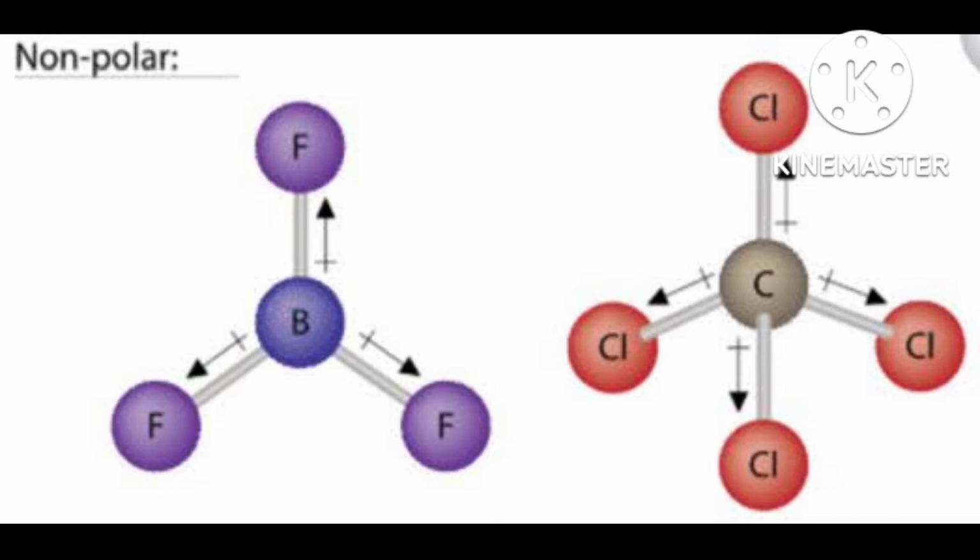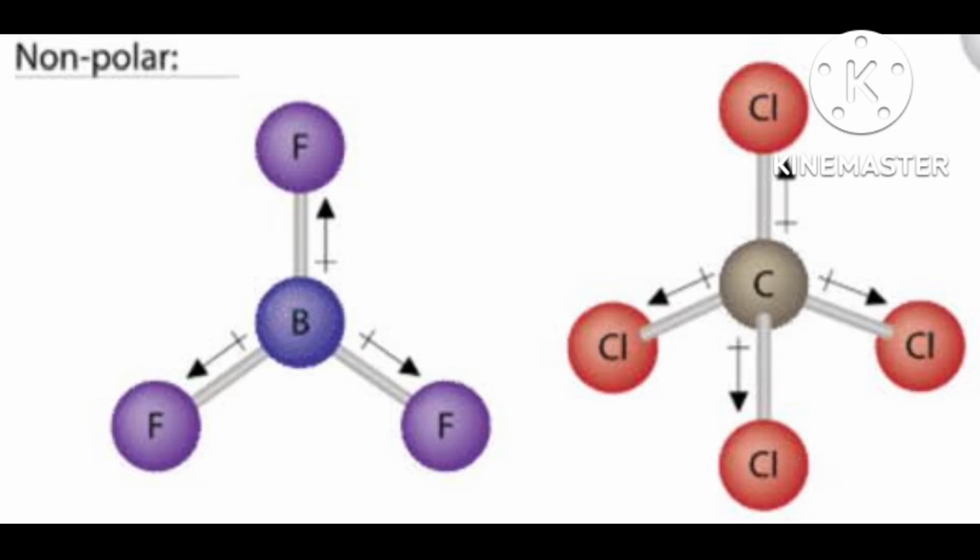How? This is also an IIT question. Why does it happen? Here the BF bonds are oriented at an angle of 120 degrees to one another. The three bond moments give a net sum of 0. After adding all three, they neutralize and give a net sum of 0.